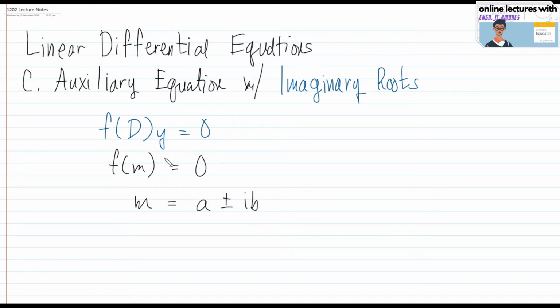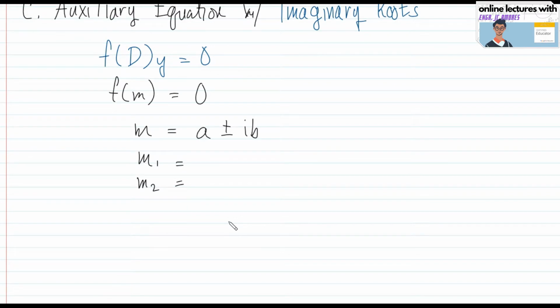Applying what we know from the first part, which is distinct roots, now we have two roots, m1 and m2. The first root, we would take the positive side: a plus ib, where i is the imaginary number, the square root of -1.